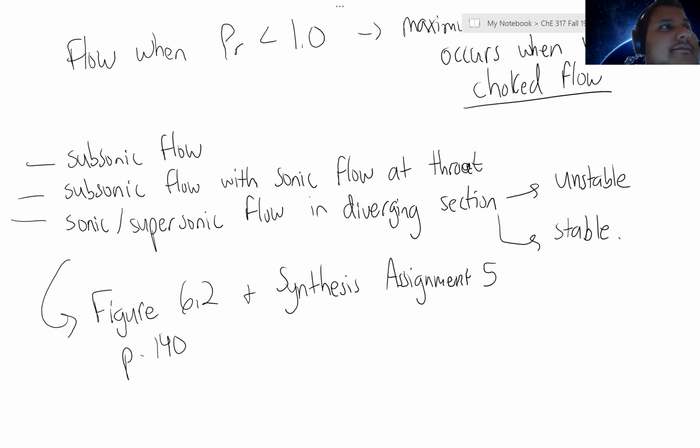They lay out what you need for synthesis assignment 5, in addition to the link that I sent you, which gives you that MATLAB program to run, which essentially helps you design and tune a nozzle for supersonic flow. I figured that's the best way for you to get a solid grasp of isentropic compressible flow, is to play around with things like that and do some more reading.